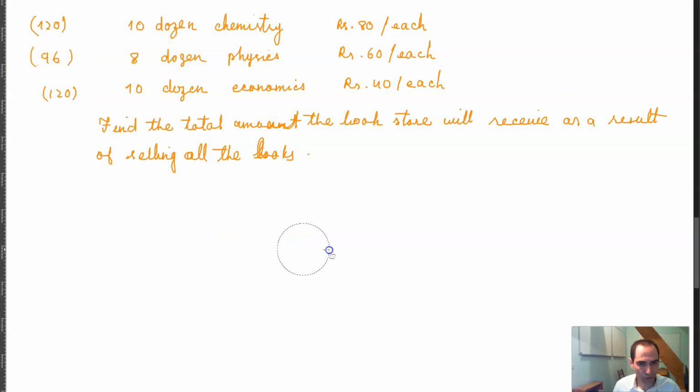So to set up your matrices, the total amount of money that they will receive is basically 120 times 80, because each of those books will be sold for 80 rupees, plus 96 times 60, plus 120 times 40.